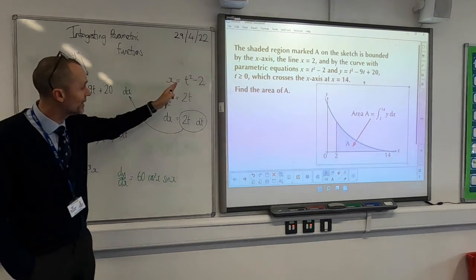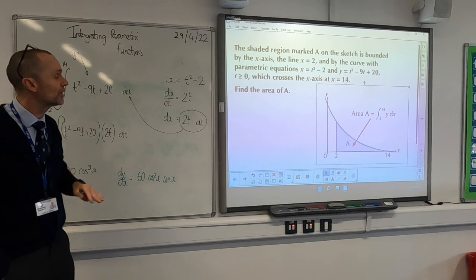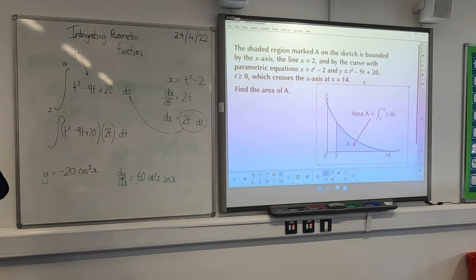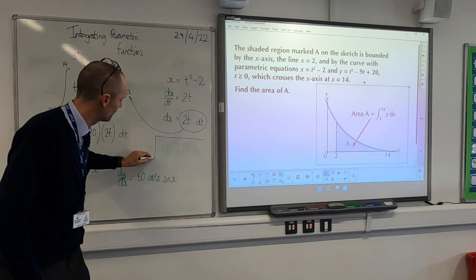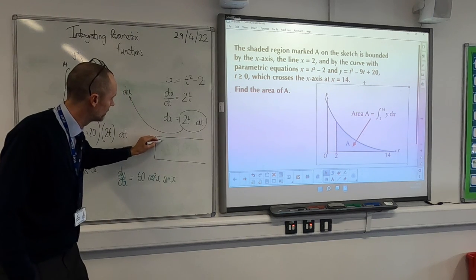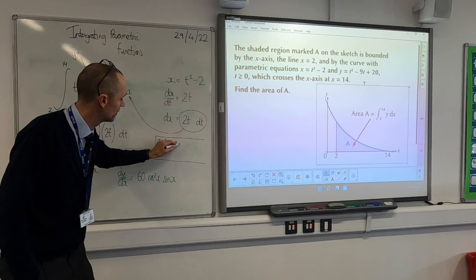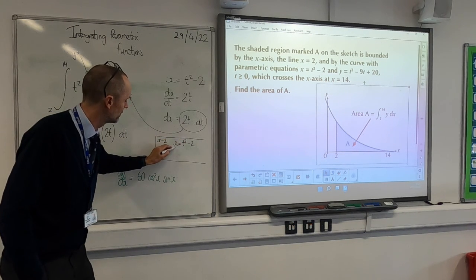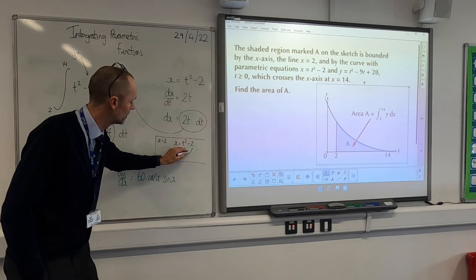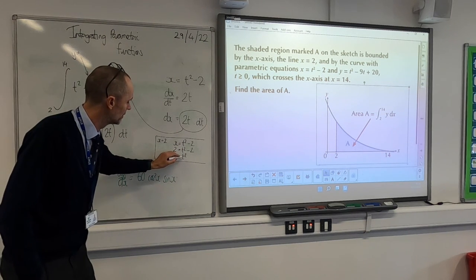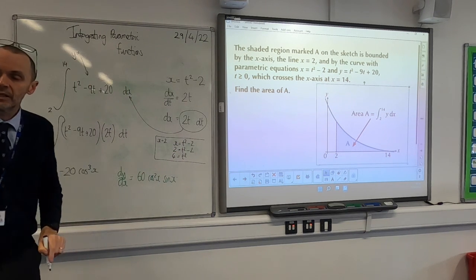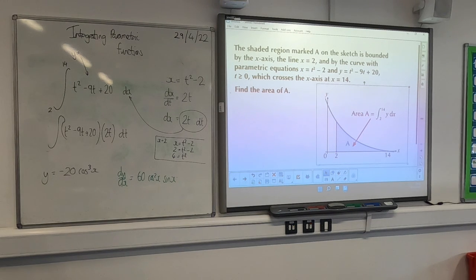So I also need to use this to work out the t values when x is 2. And do you see now why they said that t was positive?